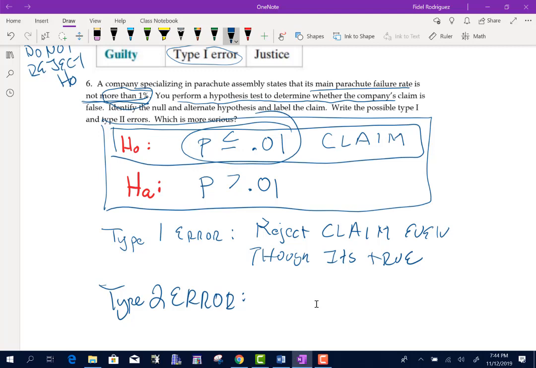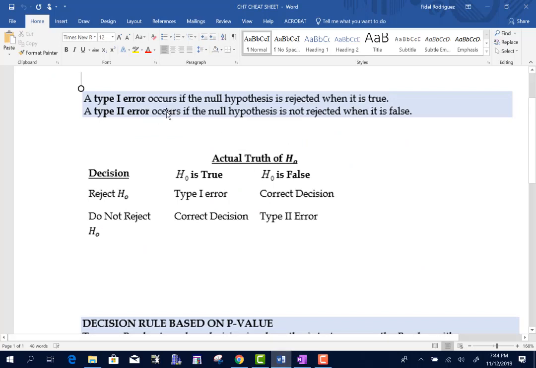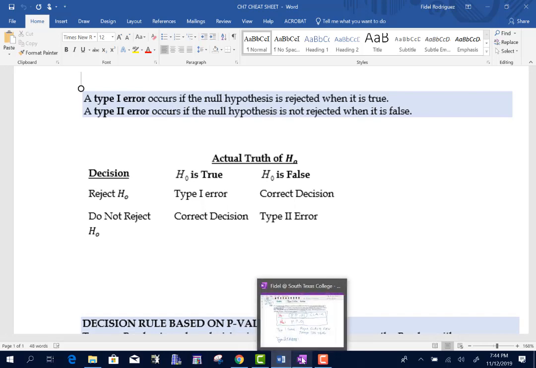Okay, so type 2 error, guys, I'm just going to come back over here and copy down what I have right here. It occurs if the null hypothesis is not rejected even though it's false, right? Or when it's false.